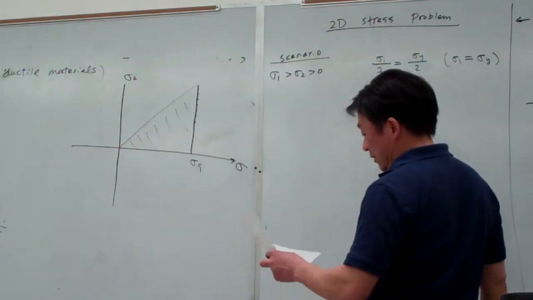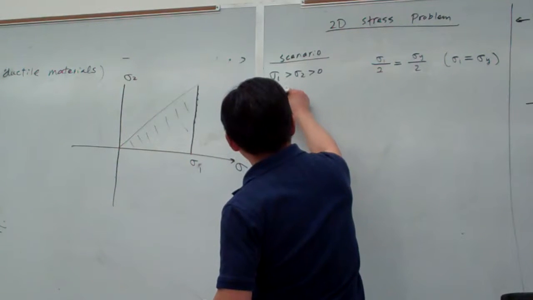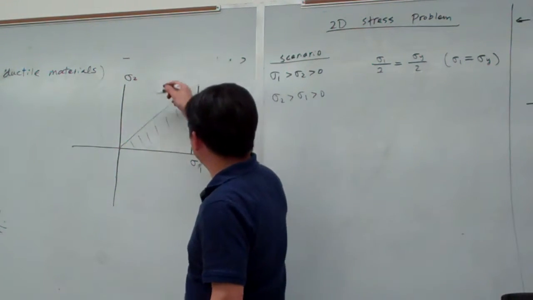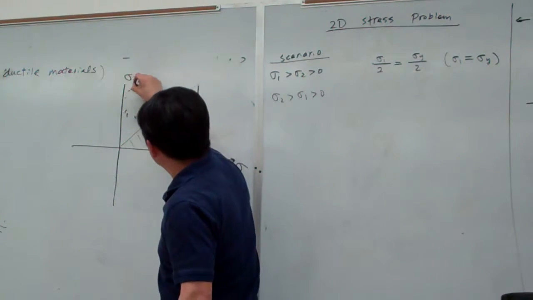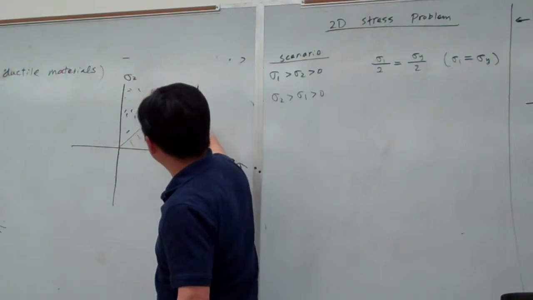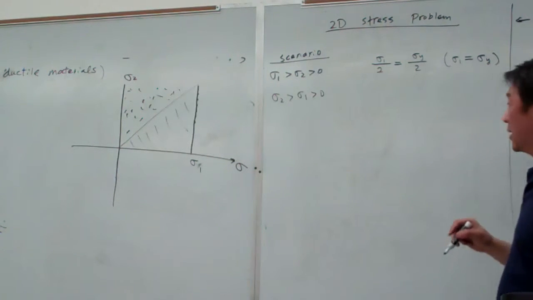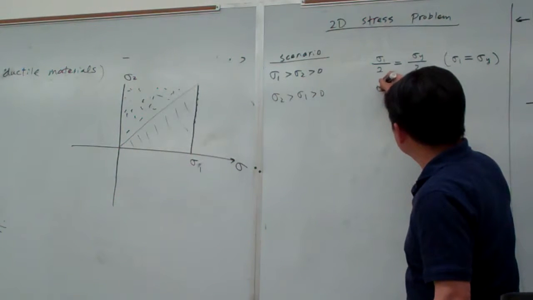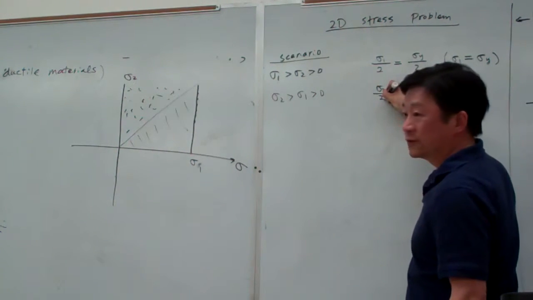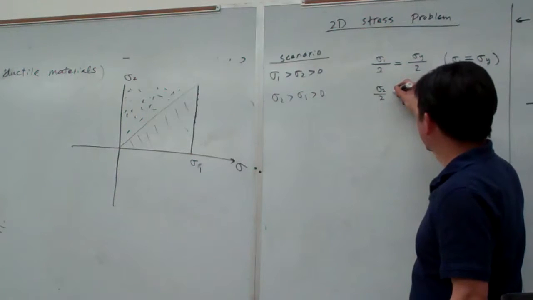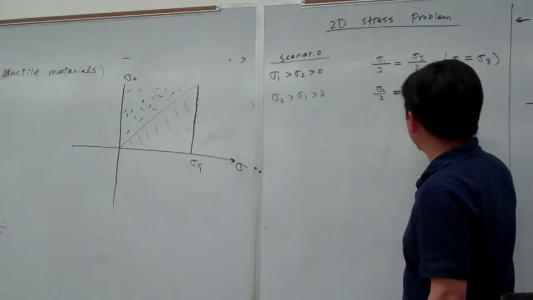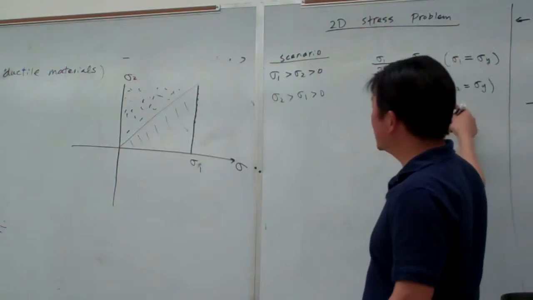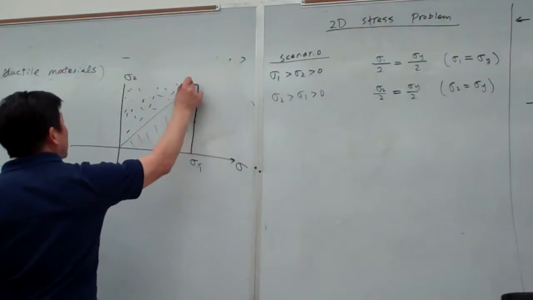And for the second scenario, we're going to study sigma 2 greater than sigma 1 greater than 0. So right now for the second scenario, we're looking at this domain. Okay, and for similar reasons, you can see the maximum shear stress should be sigma 2 over 2. And then at the boundary, sigma 2 is equal to sigma 1. That is the boundary.